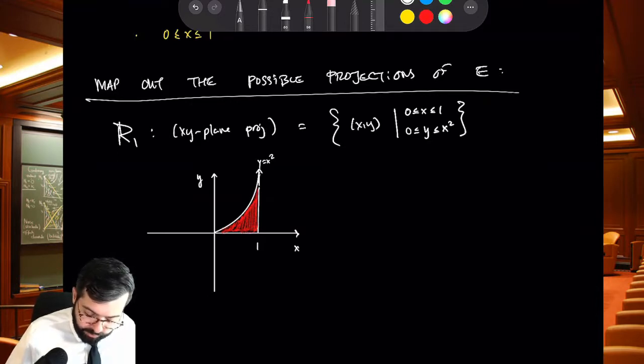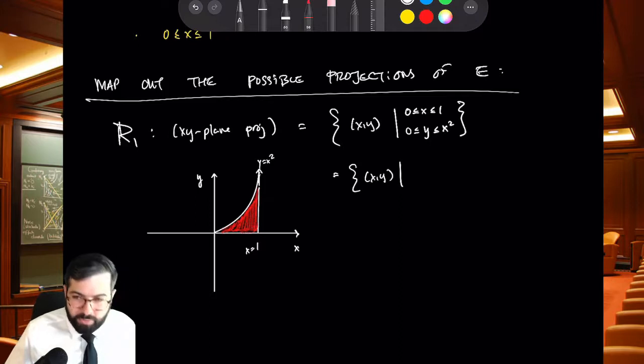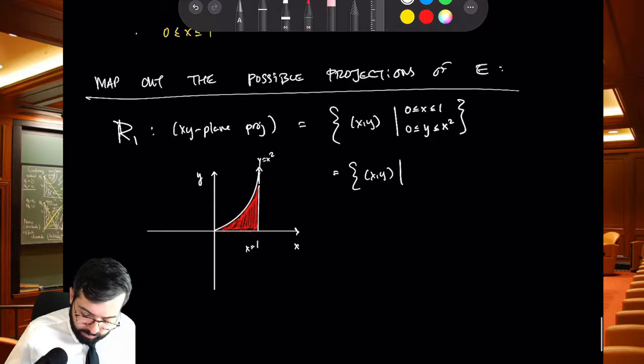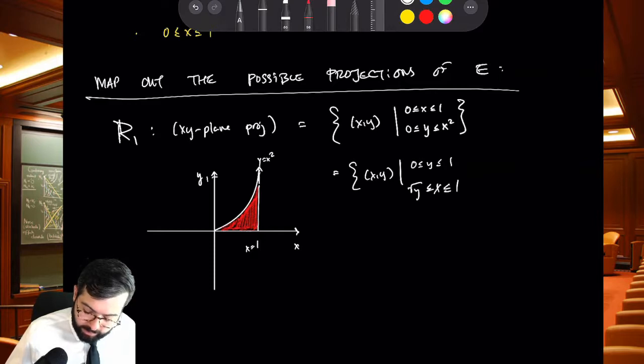Another way to think about this would be a set of points where, if we solve this for x, because we're in the positive quadrant here, we can say, well, really, y ranges between 0 and 1, and x is between the square root of y and 1.